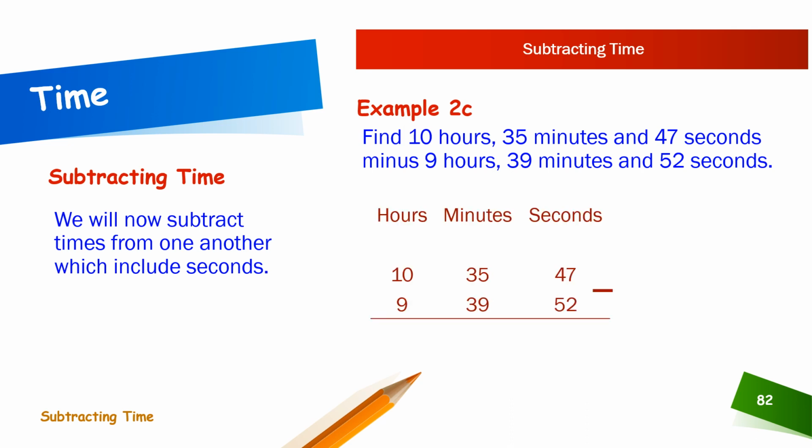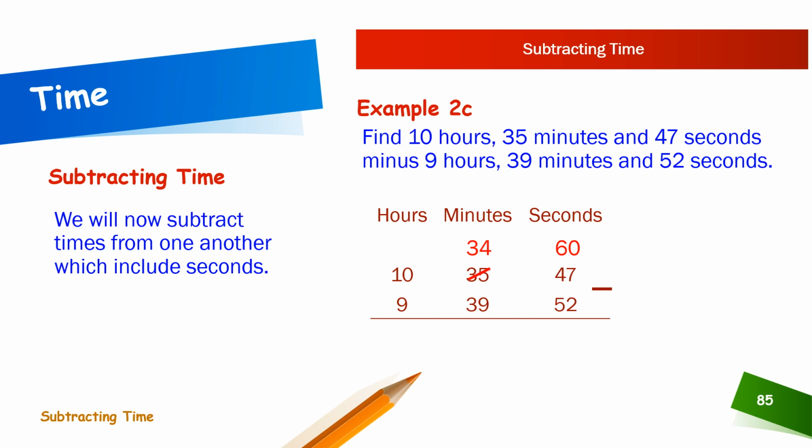We set up a table to help us with this, and the 10 hours 35 minutes and 47 seconds goes here, and the 9 hours 39 minutes and 52 seconds goes here. Now we subtract, but 47 is smaller than 52 in the seconds column. So we borrow a minute from here and we convert it into seconds.